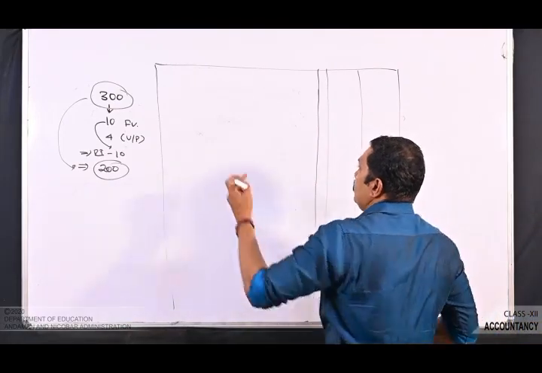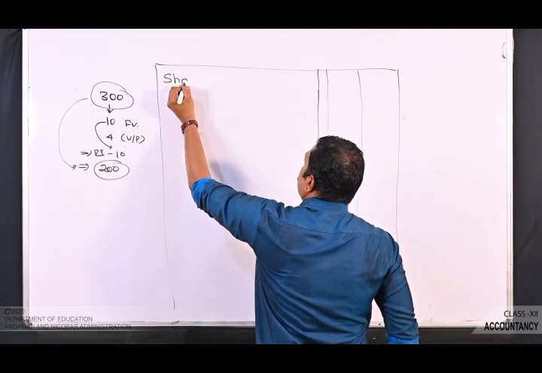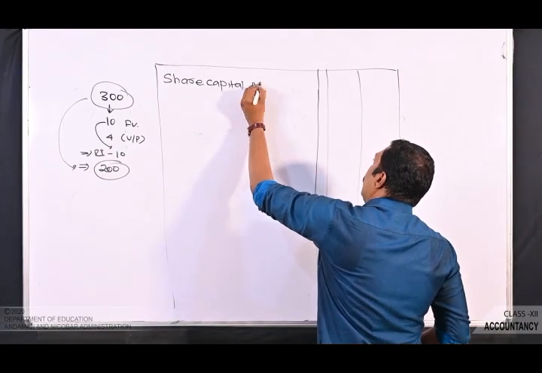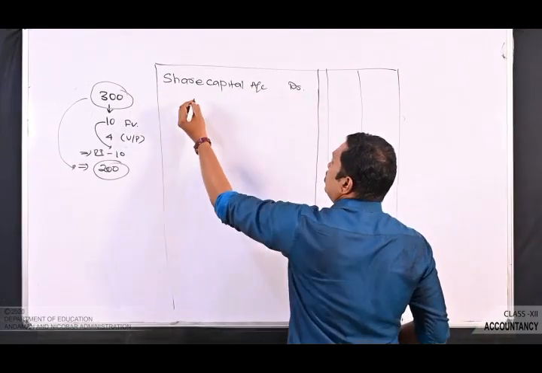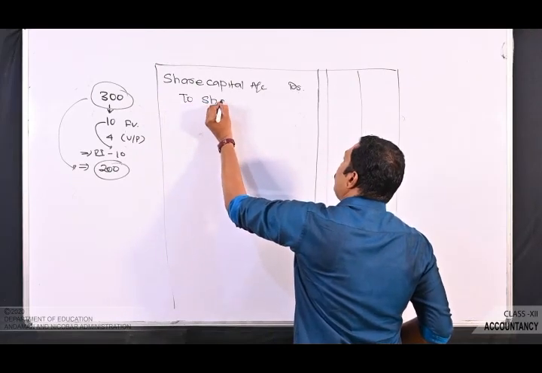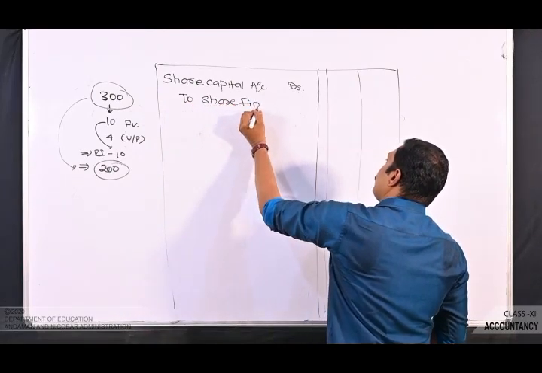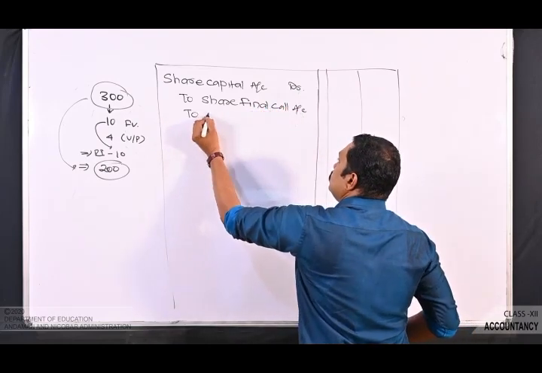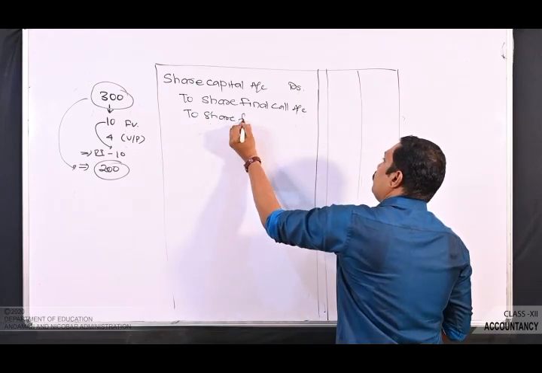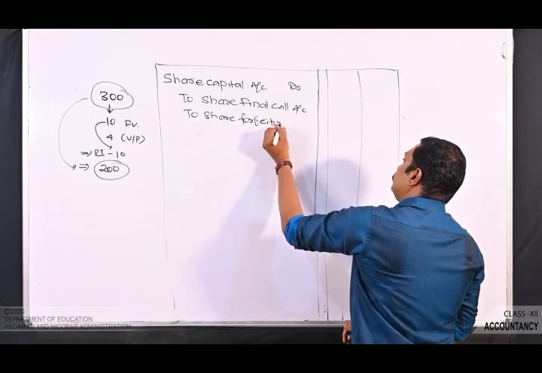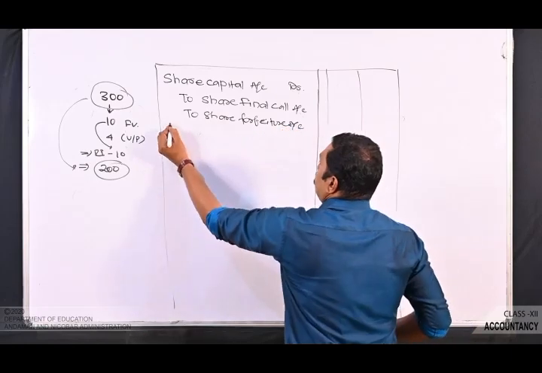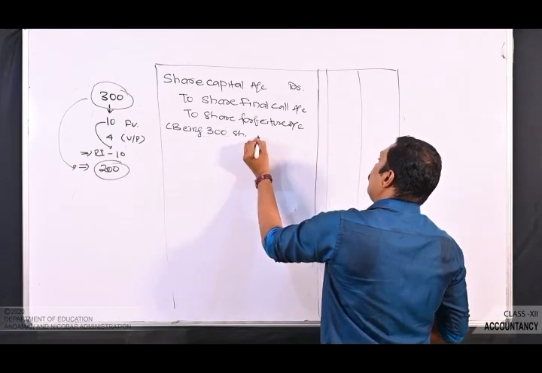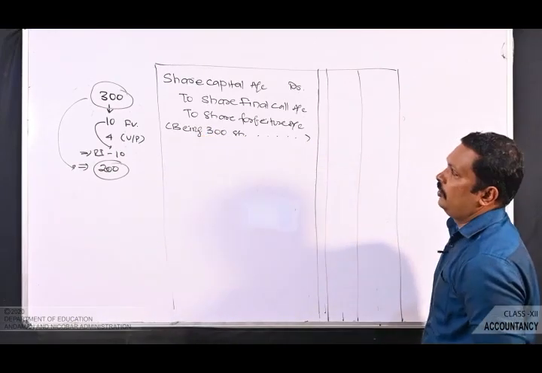Start. Share capital account debit to share final call account to share forfeiture account, being 300 shares were forfeited for non-payment of final call.